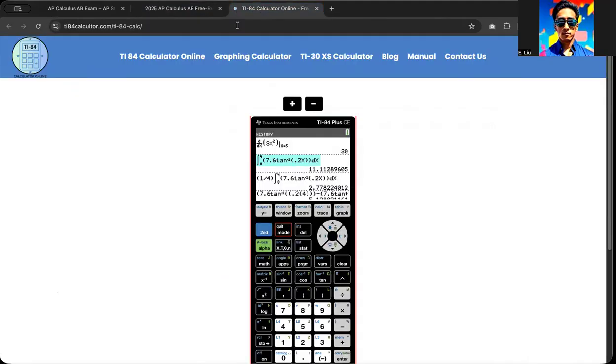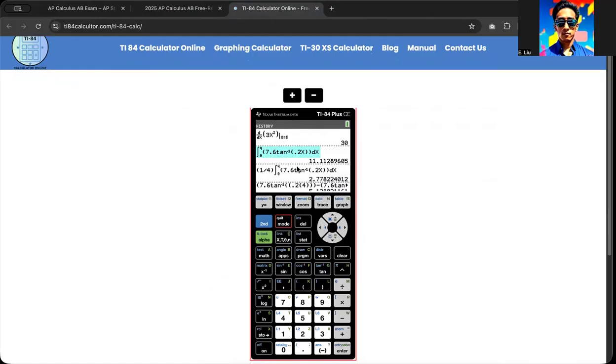Plug that right into our calculator. For those of you that are new or unfamiliar with how to use this type of calculator, under the math function right here, you can go down and you see nDeriv and nInt. So we can put number 8, which is going to be derivative, or 9, which is our integral.